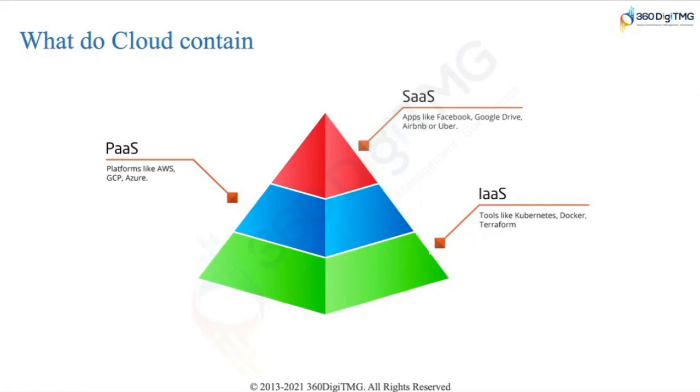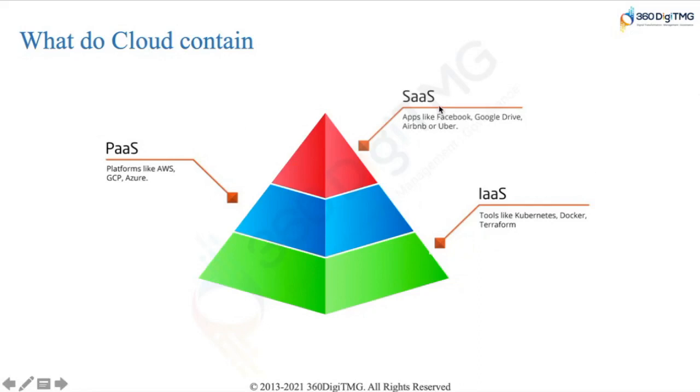Nothing has to be configured, provisioned, or managed from your side, like Google Drive, like Facebook, like Uber, whatever you are making use of without managing or maintaining it. Microsoft Outlook, your OneDrive, all these are SaaS applications.